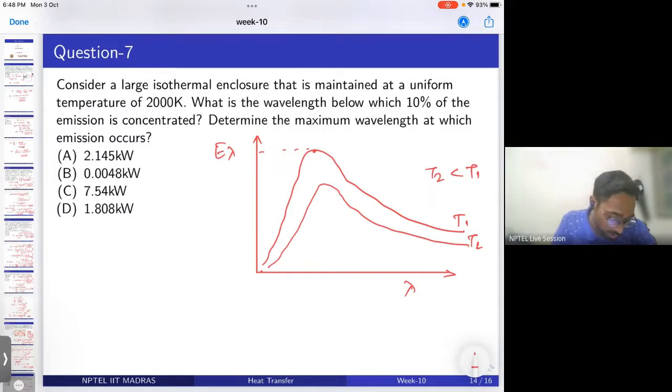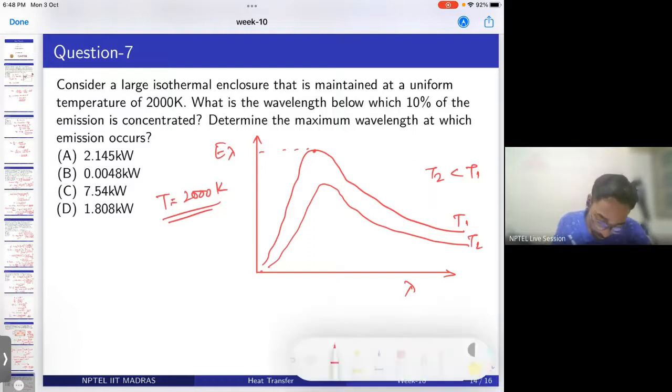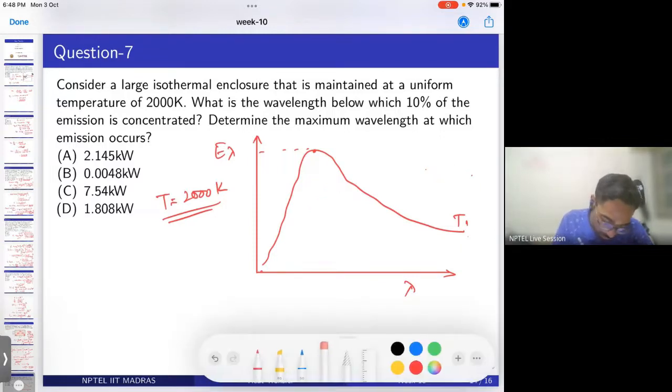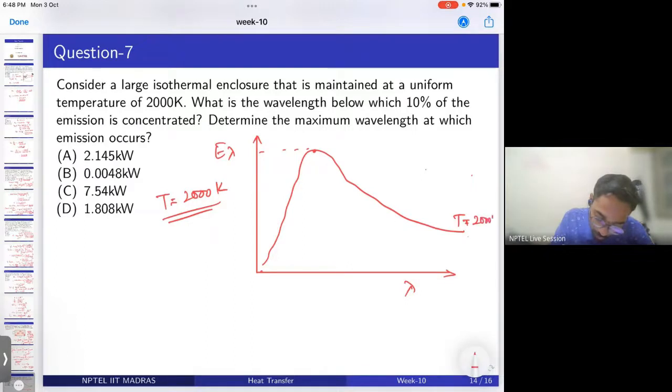See here in this question, it is saying that the temperature is maintained at 2000 Kelvin. We need to find out the wavelength below which 10% of the emission is concentrated. I'm making only one drawing for only one curve, for temperature 2000 Kelvin. This is the total emission.